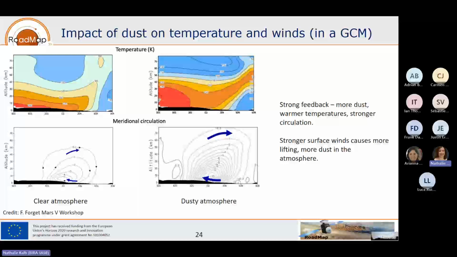This is temperature, and this is the meridional circulation, the overturning cell that you get. When you have a clear atmosphere, you get lower temperatures and a weak overturning cell motion of air. When you have a dusty atmosphere, you get lots of heating and a much stronger circulation. So you have to use models to look at the effect on winds, but it's there.